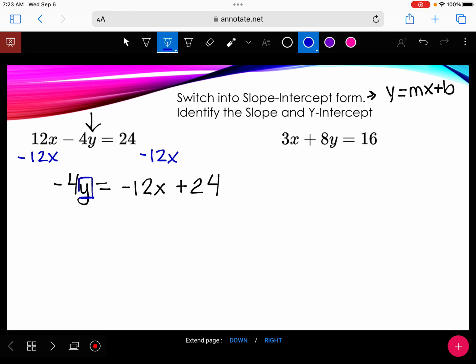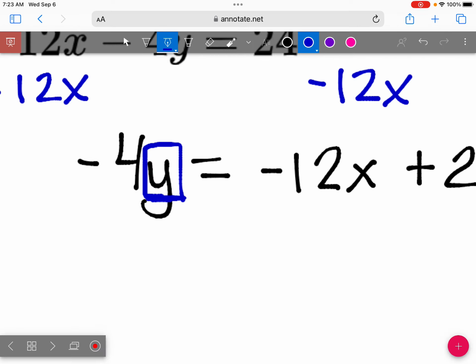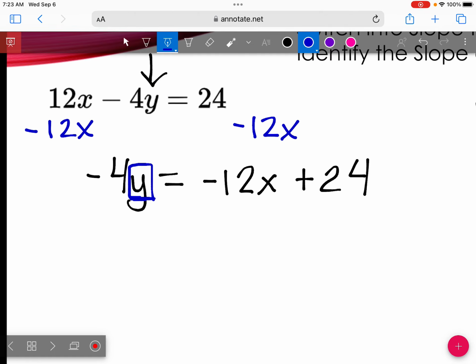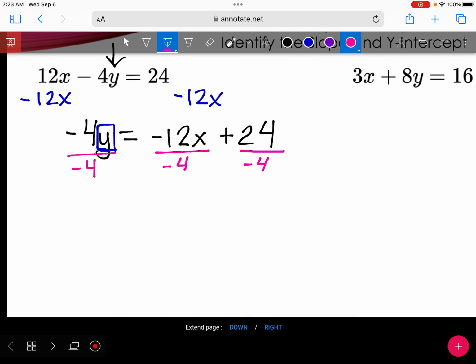What is outside my y? The -4. What operation is going on between the -4 and the y? Multiplication. How do we undo it? Division. So we're going to divide by -4. Divide by -4 to all the pieces.